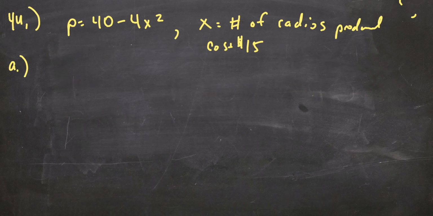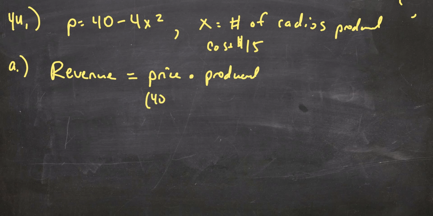Alright, last one. 44 says the price is set by this function where x is the number of radios produced. So the revenue is equal to price times the number produced.